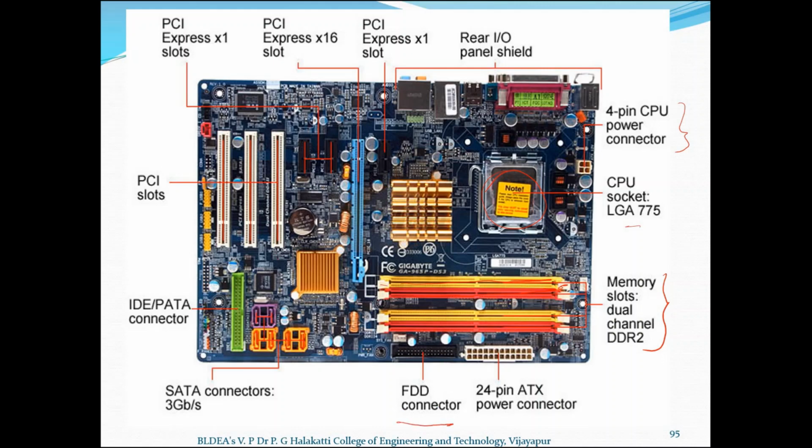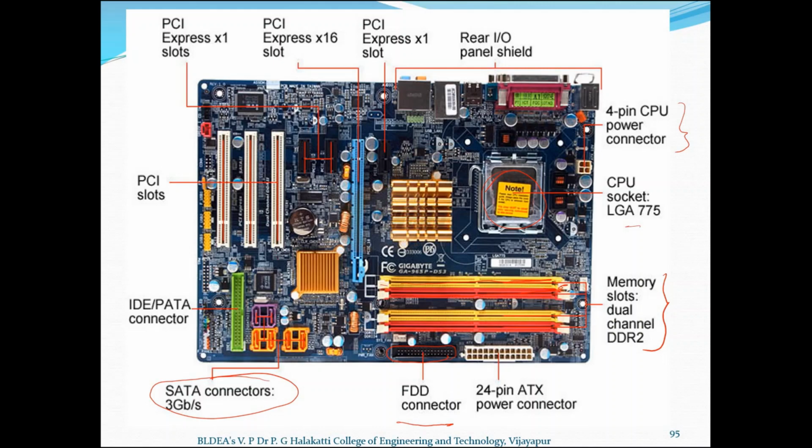And we have here FDD. This is if I want to connect my floppy disk drive, then I can use this slot. And similarly, we have here the SATA connector, SATA stands for Serial Advanced Technology Attachment.